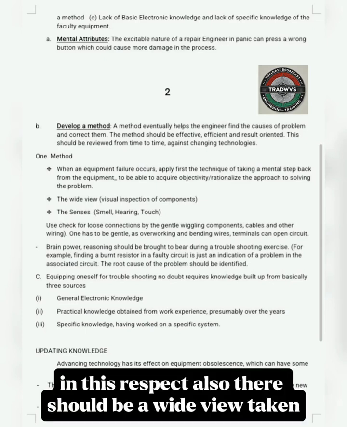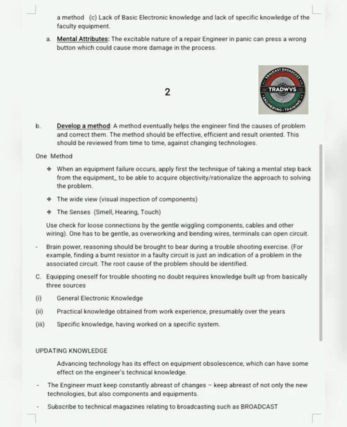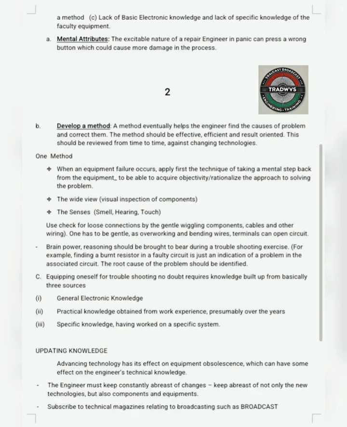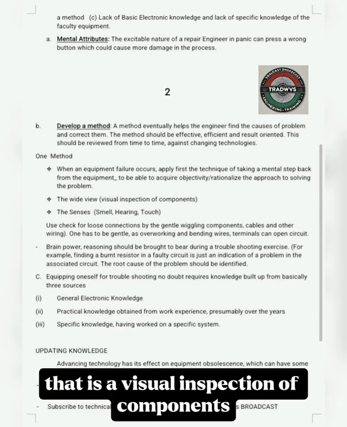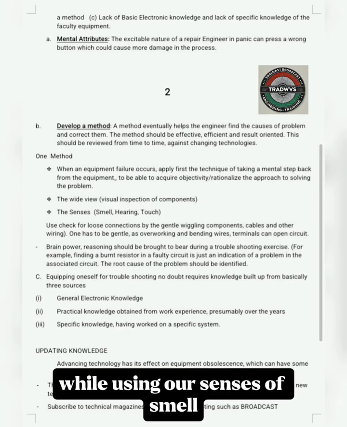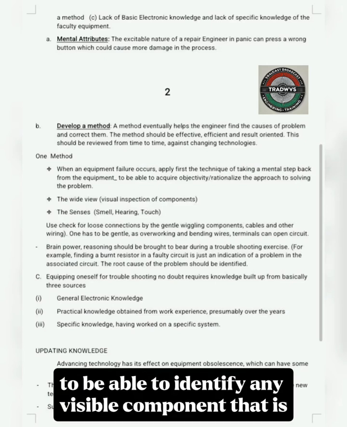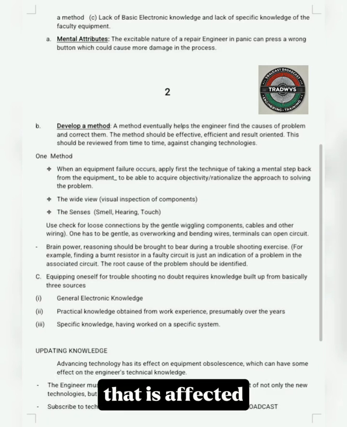In this respect also, there should be a wide view taken of the components in the transmitter. That is a visual inspection of components, while using our senses of smell, hearing and touch to be able to identify any visible component that is affected.